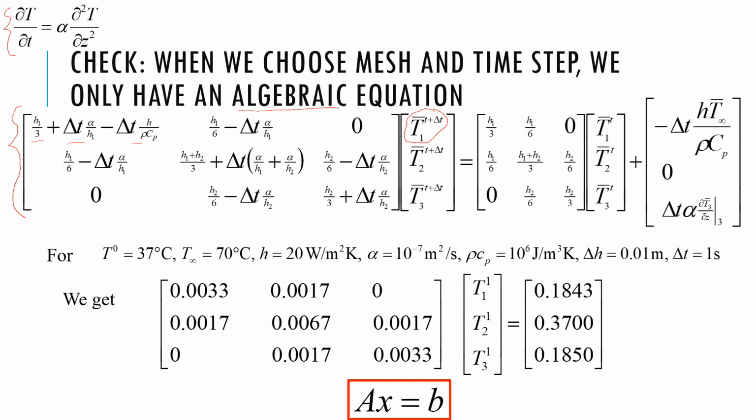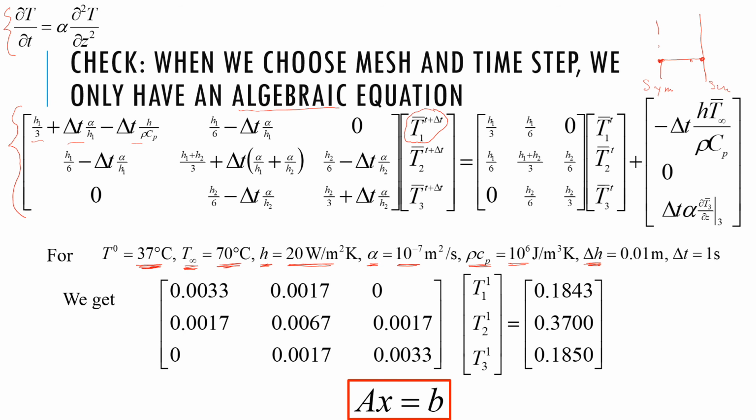So for an initial temperature of 37 degrees, for T infinity, the ambient temperature, of 70 degrees, h, the heat transfer coefficient, of 20, the thermal diffusivity of 10 to the minus 7 meters squared per second, density times specific heat as 10 to the 6, delta h, we are doing this for a slab, and so we are dividing the domain from the line of symmetry to the surface.